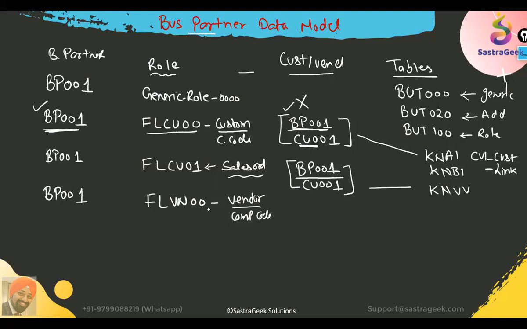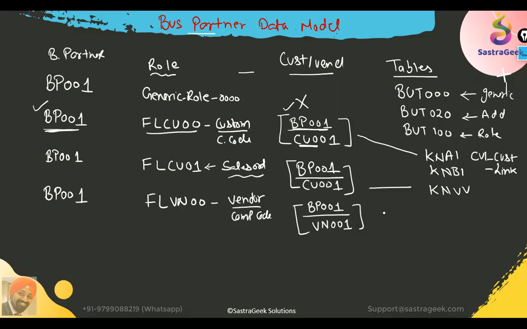So with your vendor company code, when you extend to this, either the same number BP001 would be created as a vendor, or you can have VN001 as a vendor number that would be created in the system.